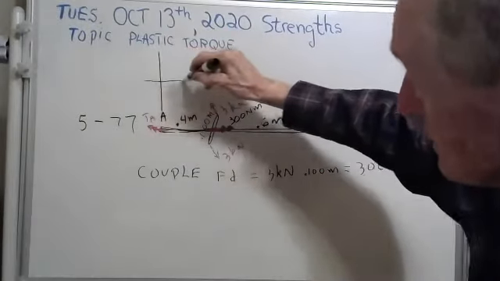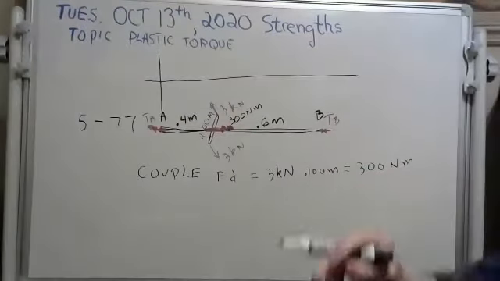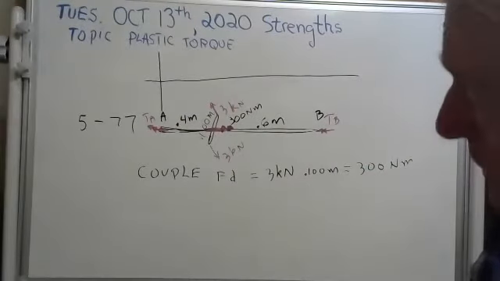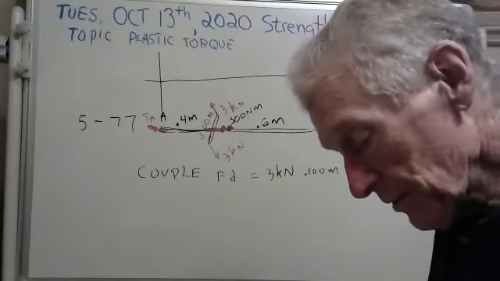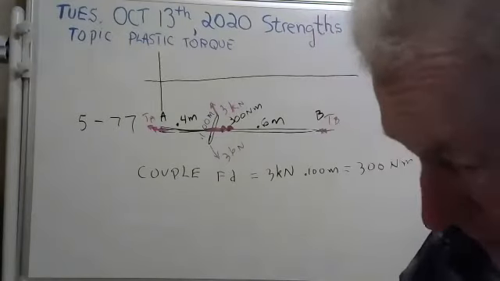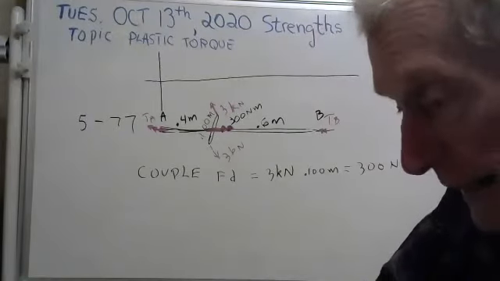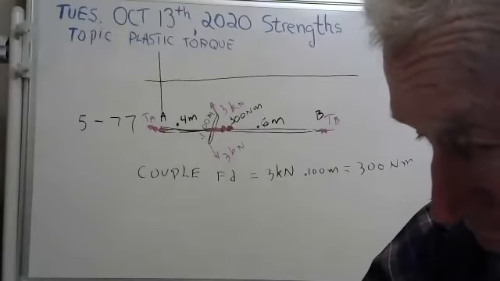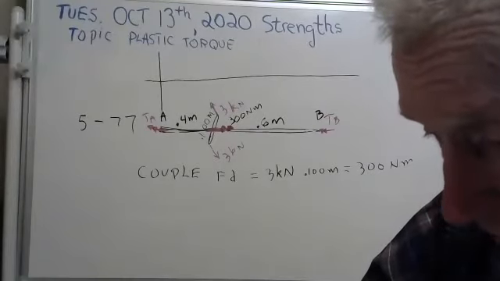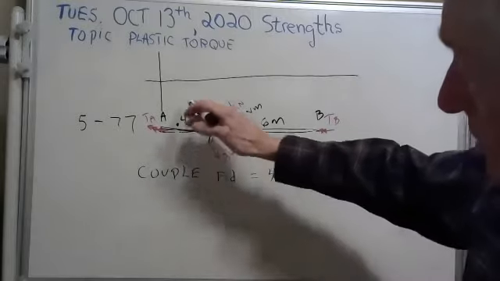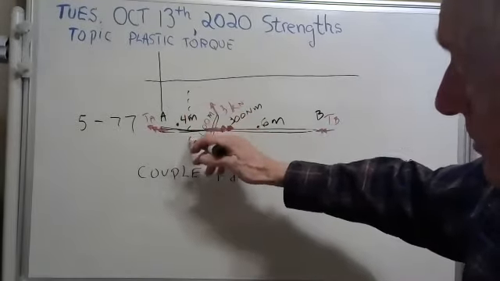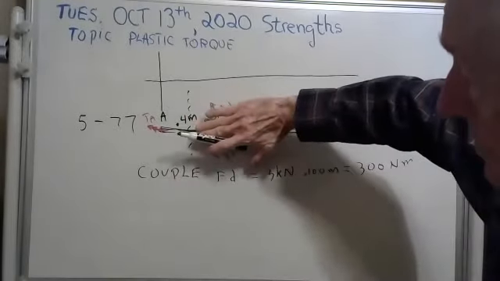Yes. We need a torque loading diagram. Now, how do you make torque loading diagrams? And the answer is you have to take a left-hand section. So section it in here someplace. There you go. We sectioned it in there.